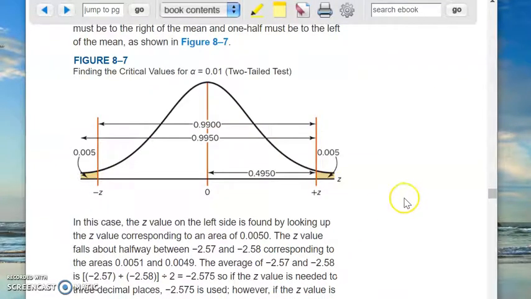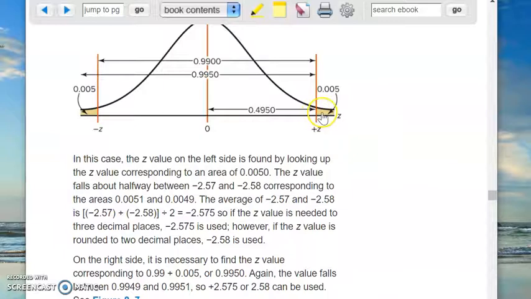Well, it's easy enough to find because I've got the table to find the positive z, and the z distribution is symmetric. So once I find this one, I automatically know what this one is, just the negative of it. So I've got to find the critical value right here such that to the left is 99.5% of the distribution.